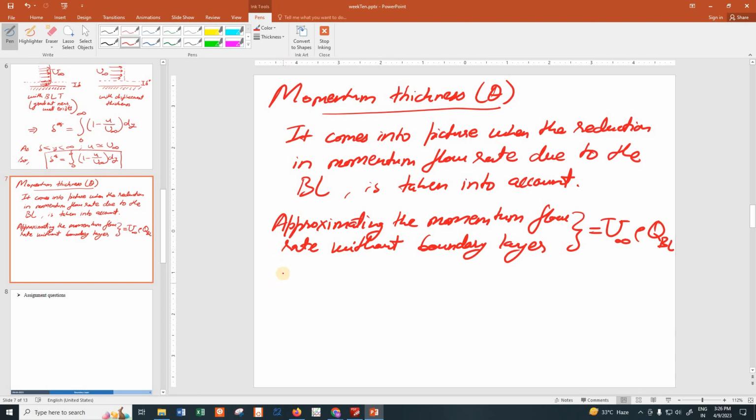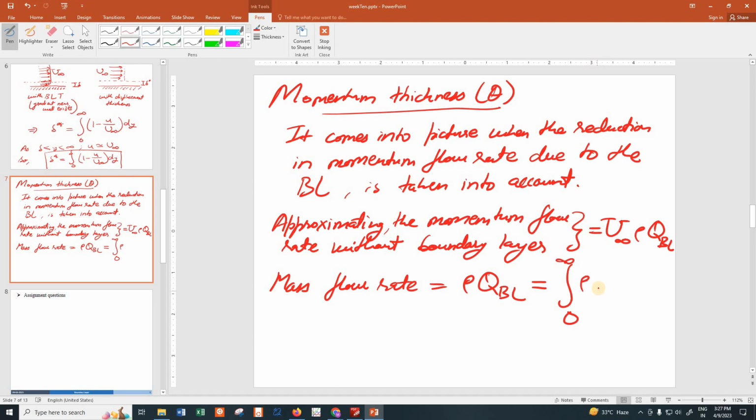Now, this rho QBL is the mass flow rate, and this is the approximated one. But one can actually arrive at it: this QBL, when you expand it, is basically the volume integration of the velocity. Because the velocity varies with height, you need to perform the integration with respect to height, so 0 to infinity.